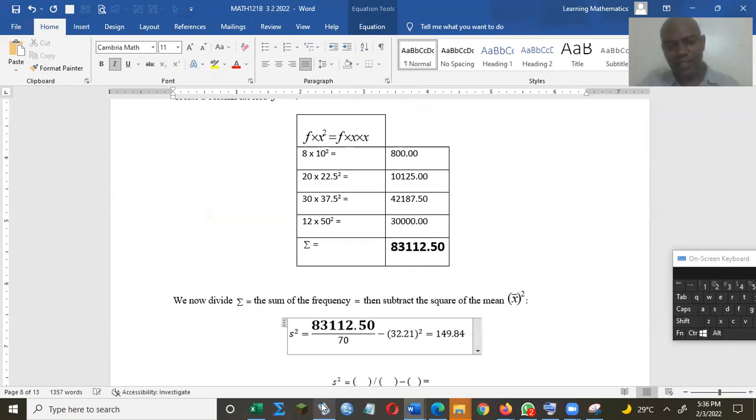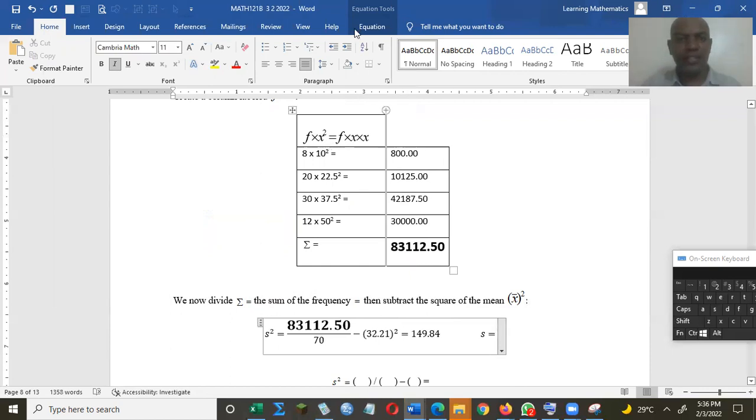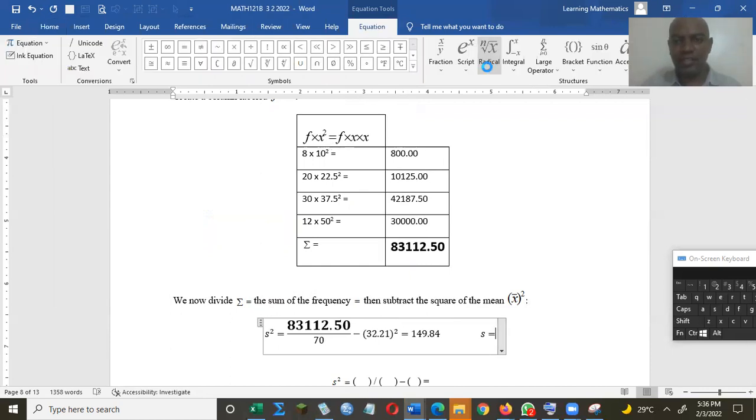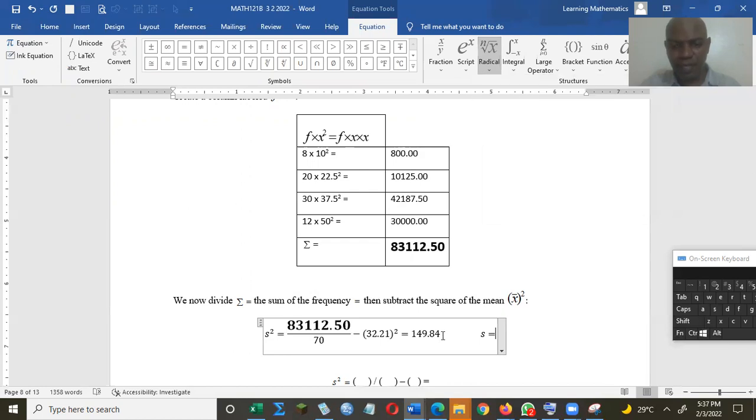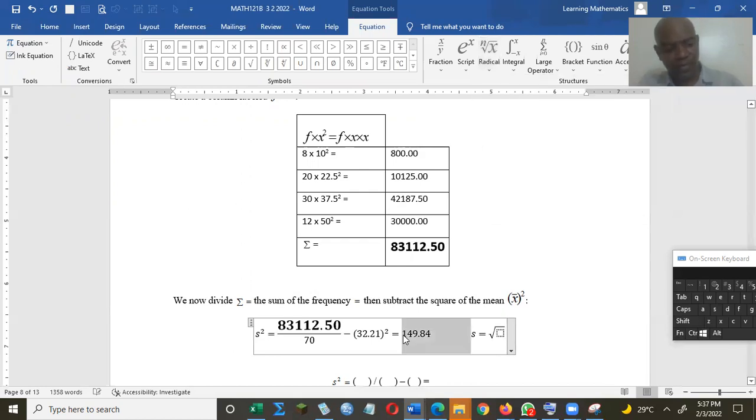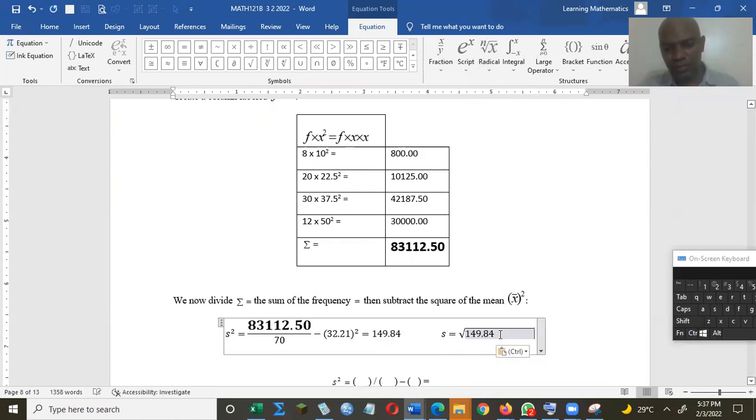And we want to find the standard deviation. The standard deviation is the square root of the variance. The variance we found to be 149.84 approximately. Control C, Control V, equal.